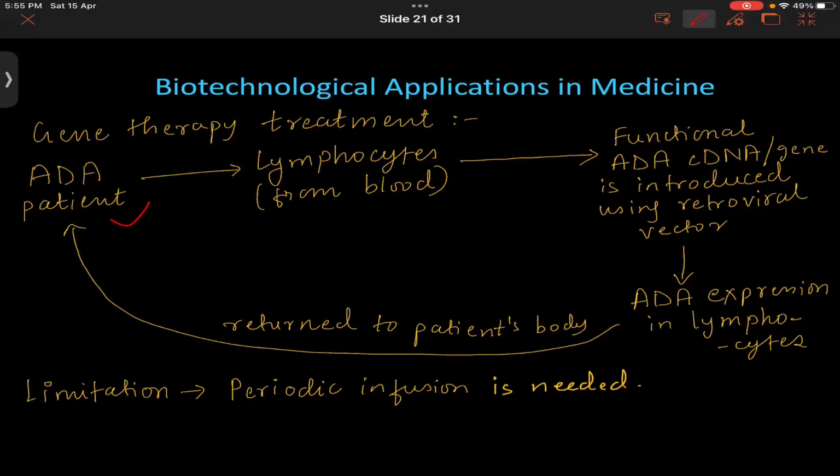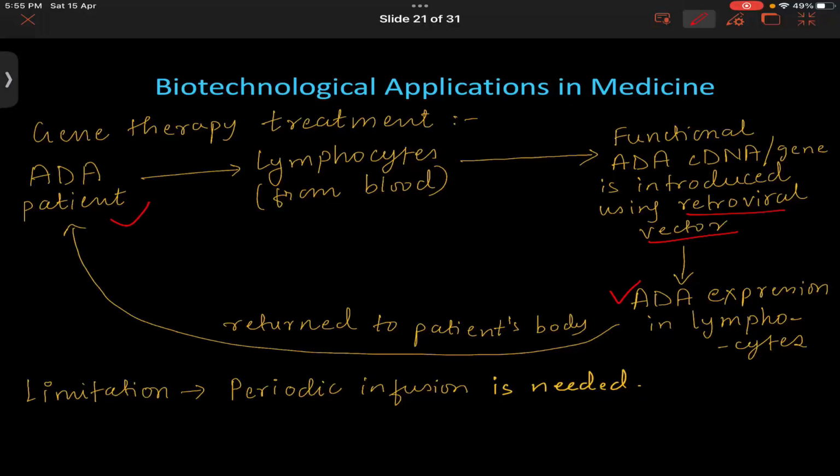Within these lymphocytes, they introduced a functional, that is a normal, copy of the ADA gene using vectors like retroviral vectors. Now, because of this, these genetically modified lymphocytes will start expressing the adenosine deaminase enzyme.